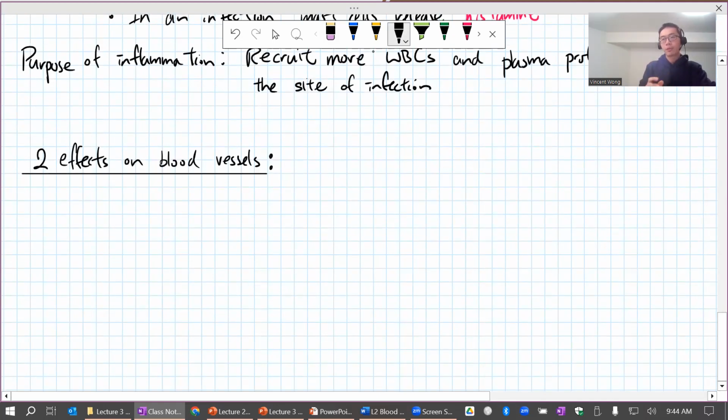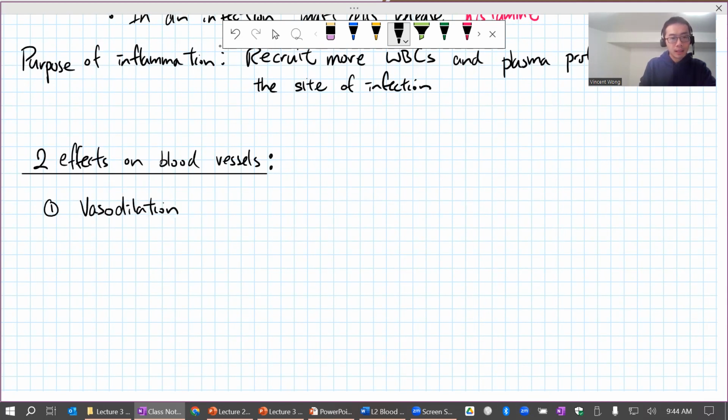The histamines are released by the mast cell, and the first effect is vasodilation, which means the blood vessels' diameter increases.